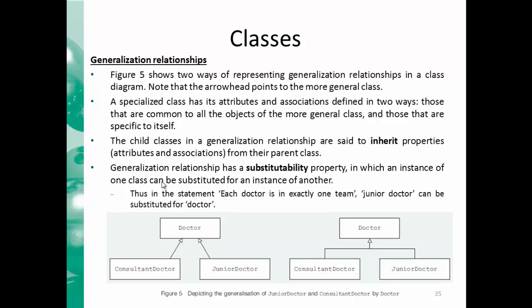In this diagram, we show possible representations for the generalization relationship in UML. Both representations are correct, and we say that junior doctor inherits doctor and consultant doctor inherits doctor class.